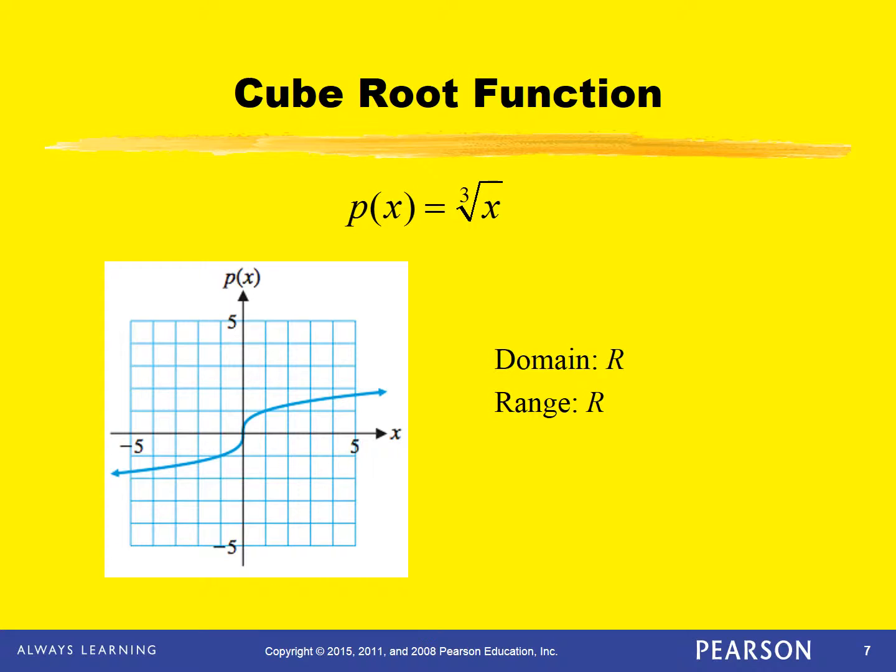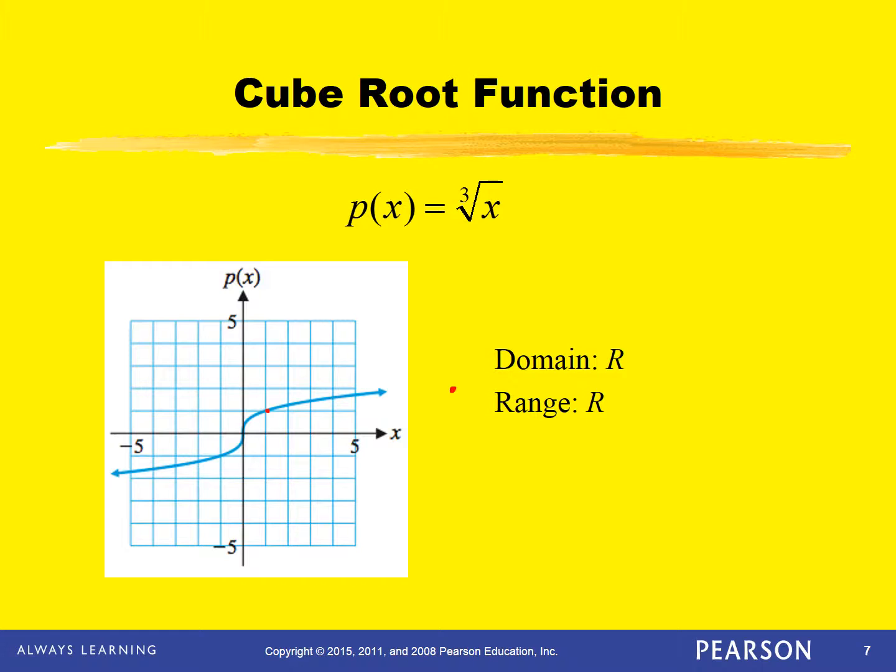Cube rooting function. Now this one returns the cube root of its input. So you have a point on there (1, 1). You have a point on there (8, 2), because the cube root of 8 is 2.